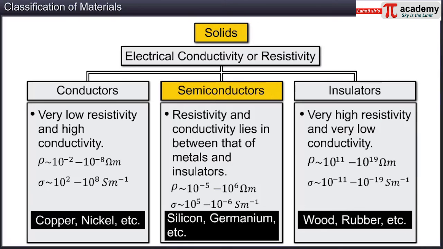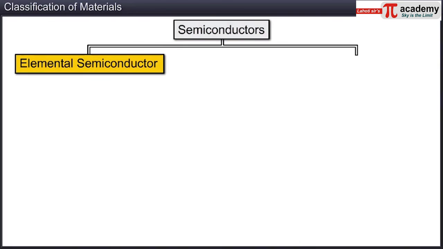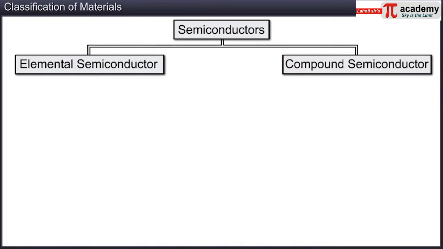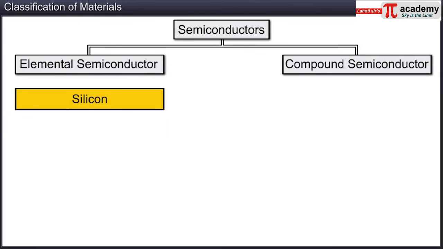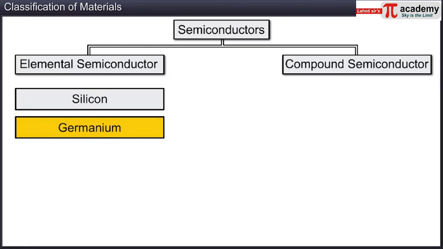These semiconductor electronic devices may be made up of different types of semiconductors, such as elemental semiconductors or compound semiconductors. Elemental semiconductors are single elemental semiconductors. They belong to the fourth group of the modern periodic table of elements. Silicon and germanium are the most commonly used elemental semiconductors. Compound semiconductors are formed by using two or more elements.